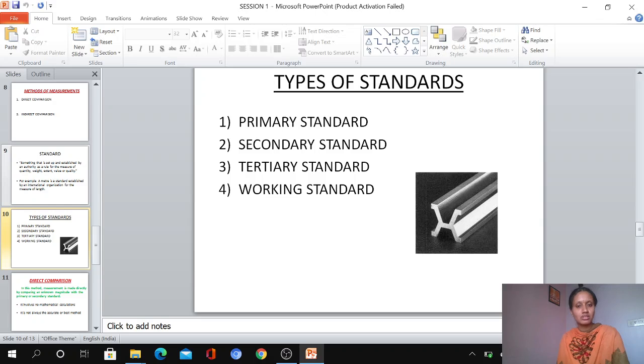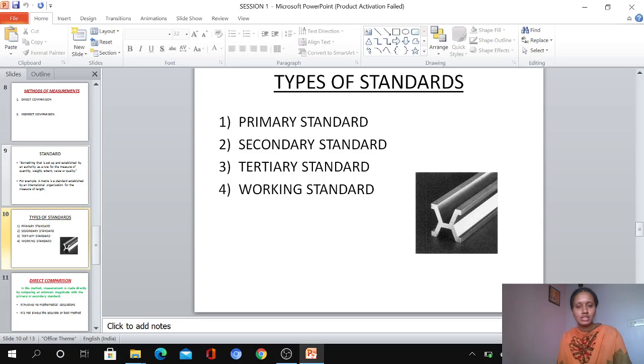They preserve them in national physical laboratories under controlled environmental conditions. These are master standards, and this is one piece. You can find this standard in some national physical laboratories only.